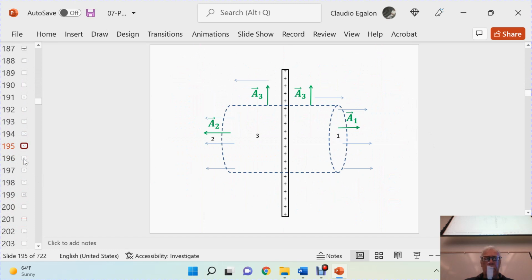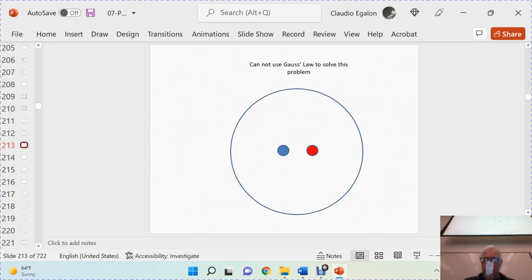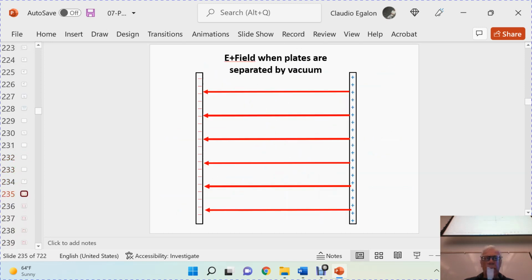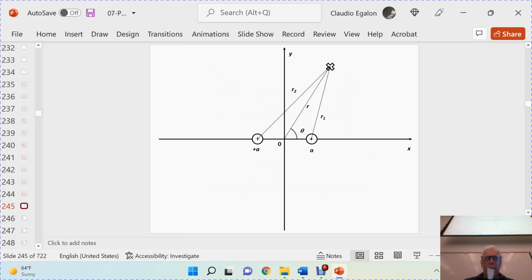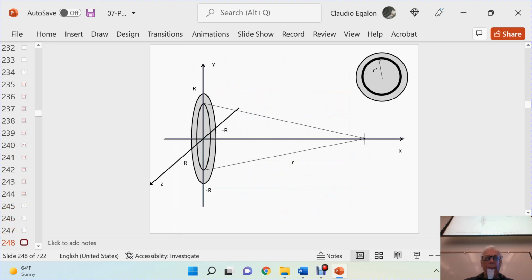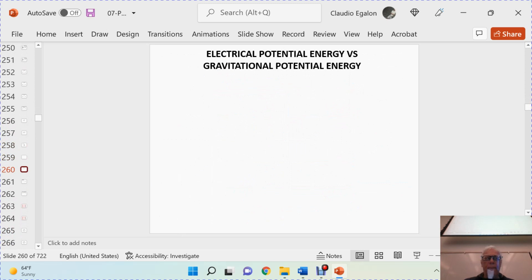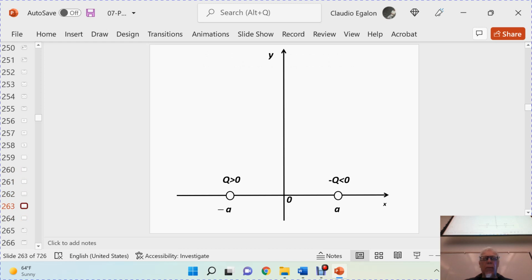Nothing fancy. Here we go. Right, we have the x and y axis. We have a negative charge. We have a positive charge.